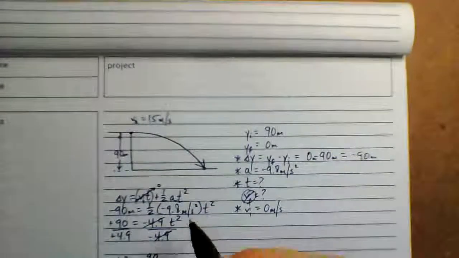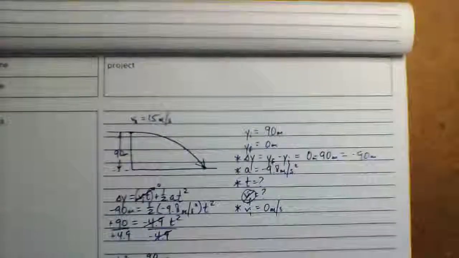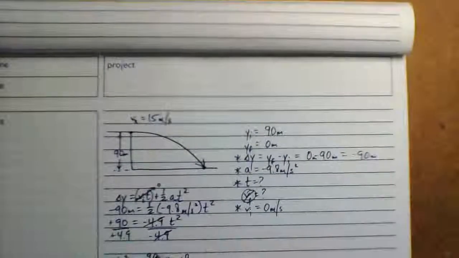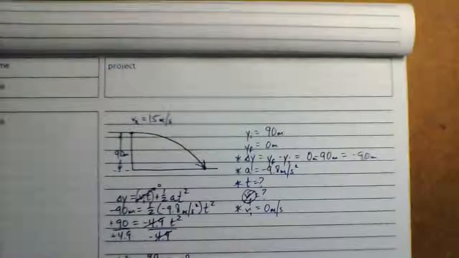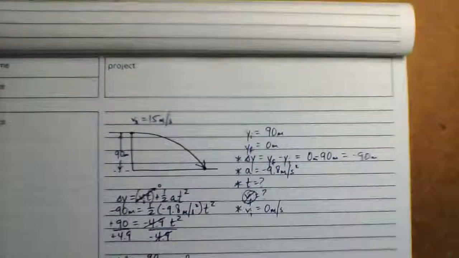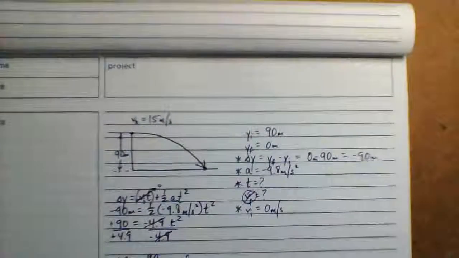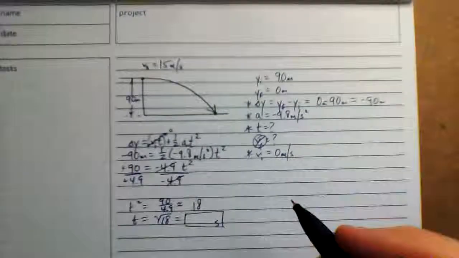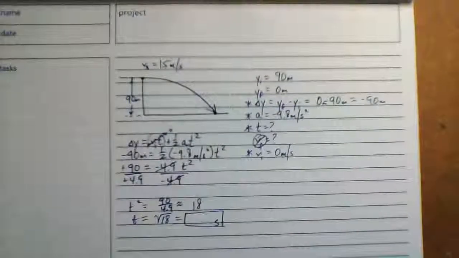I don't have a calculator handy, so I'm just going to go ahead and call it 18 and then correct it on the next part. So t is going to be equal to the square root of 18, which is going to give us some number in seconds. And that's going to give us the answer, so it would be part A for this one. We're going to look at part B in a second.